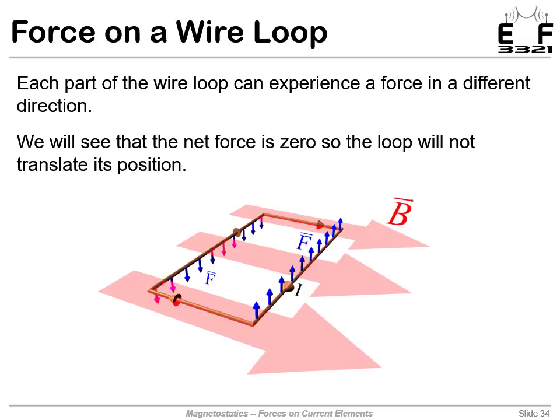So if we integrate the total force around this loop, we have just as many forces pushing up as down, and the overall force will be zero. That means if we have a loop in the presence of a magnetic field, there will be no net total force on that. The loop will not move anywhere, so it will not translate its position.